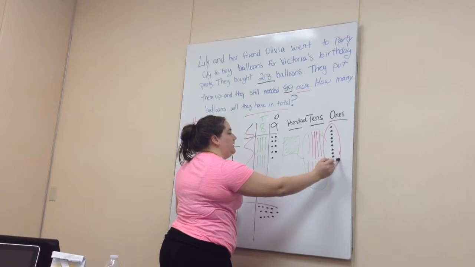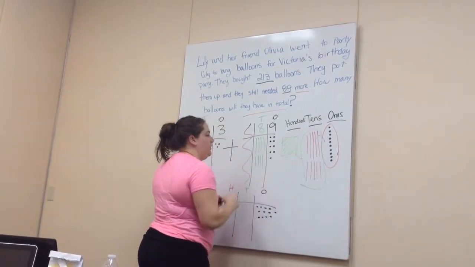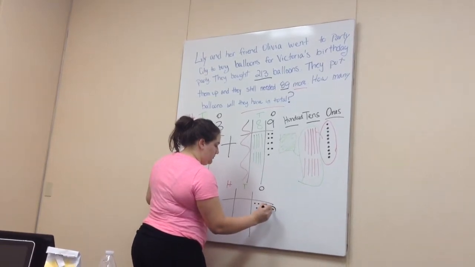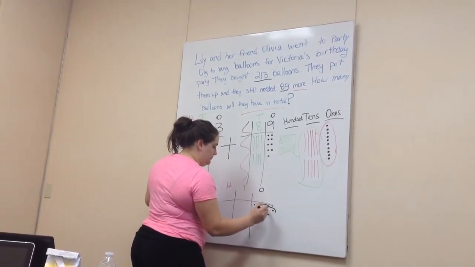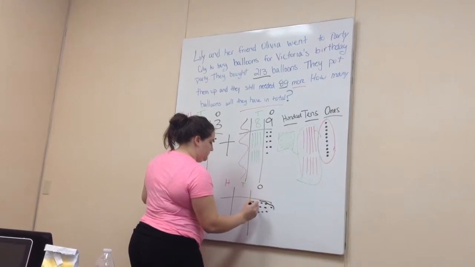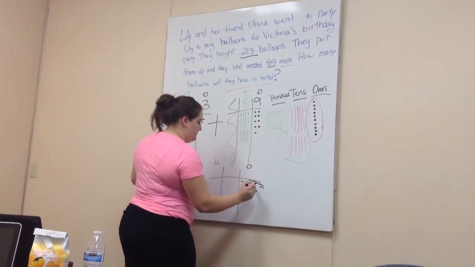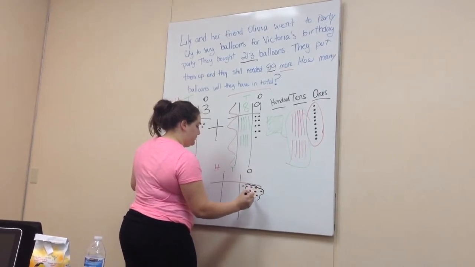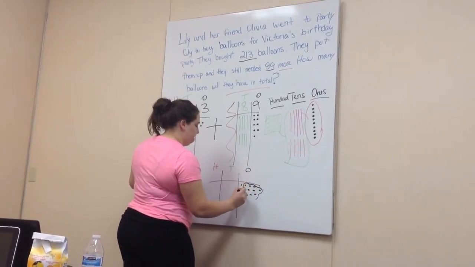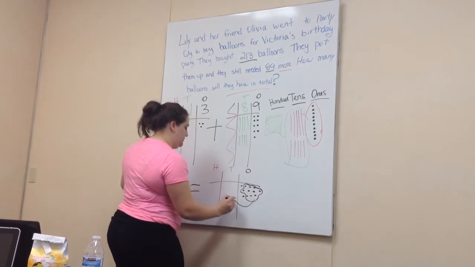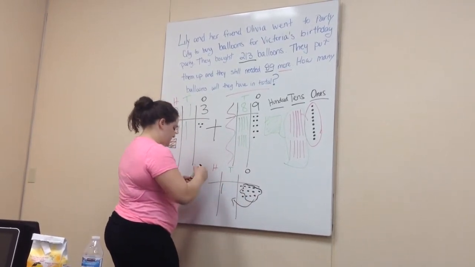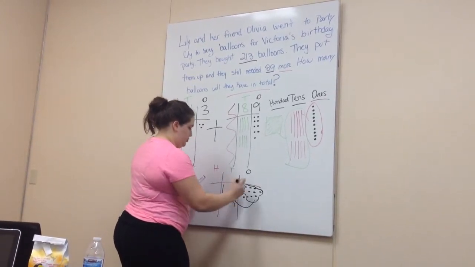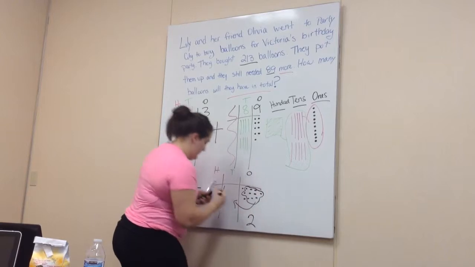Back here we use 10, so that would make 12. So that's 10, which we bring here, that's going to be our 1. So we have left over 2. We're going to write this, that way we have it.